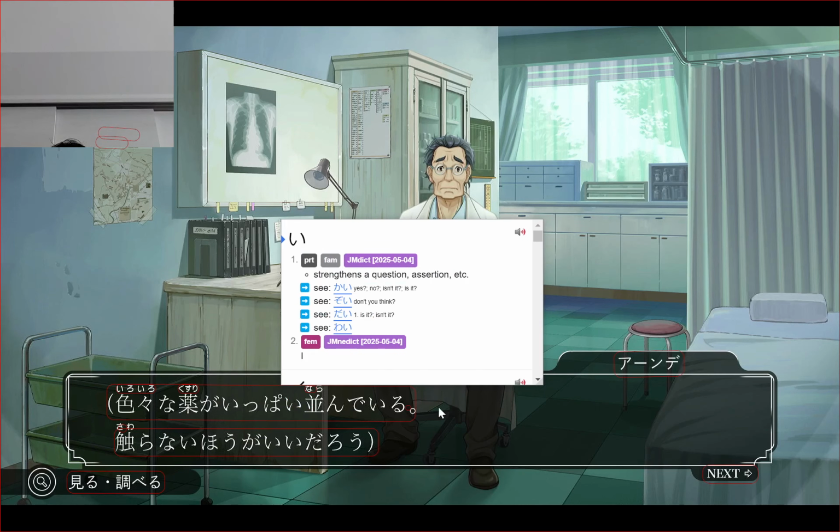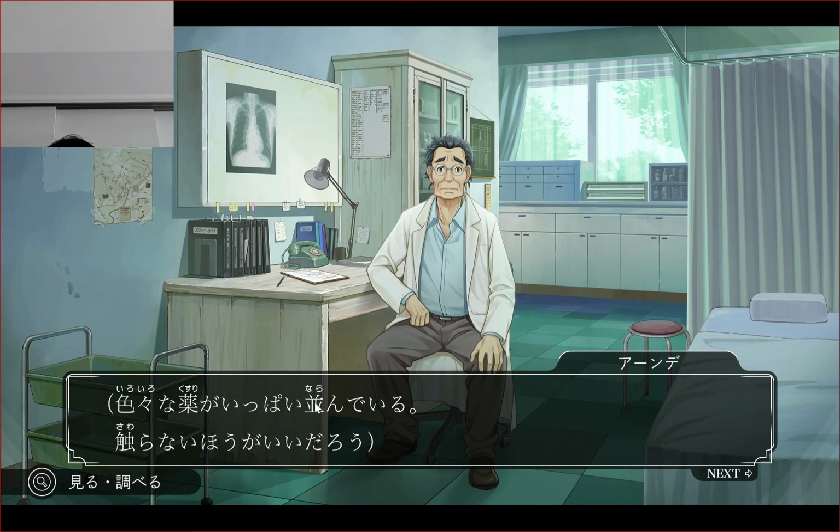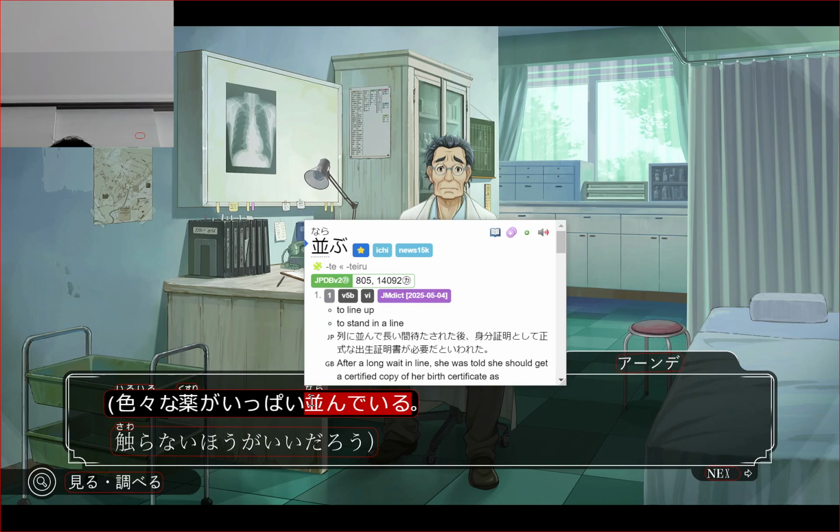I want to make sure I get that, that's the wrong kanji. Let's try a different one. I'm waiting for the OCR to load. Narande, narabu. Then the tough one is narande iru, the continuous, like the "ing" in English.